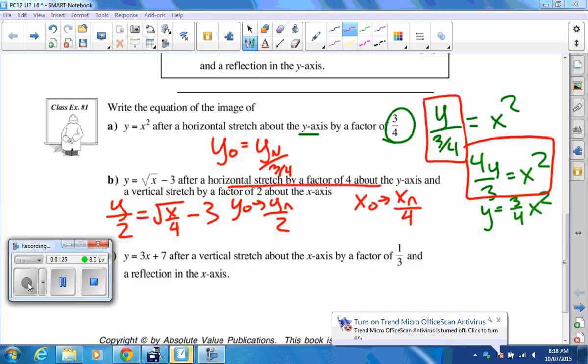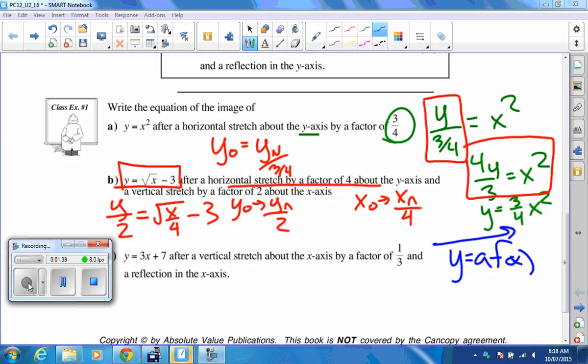Now, this is actually a really tricky question. It shouldn't be, but it is, because if you have memorized instead this thing that is just y equals a times f at x, then what people will sometimes write is this.